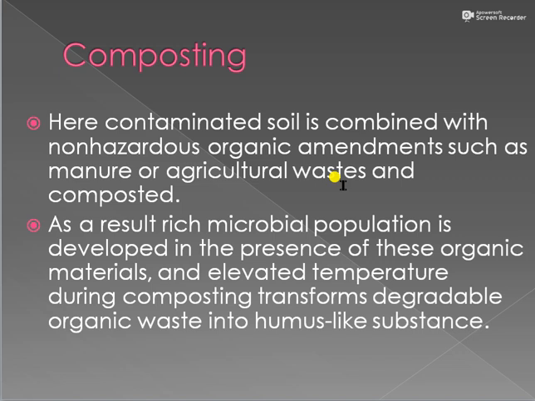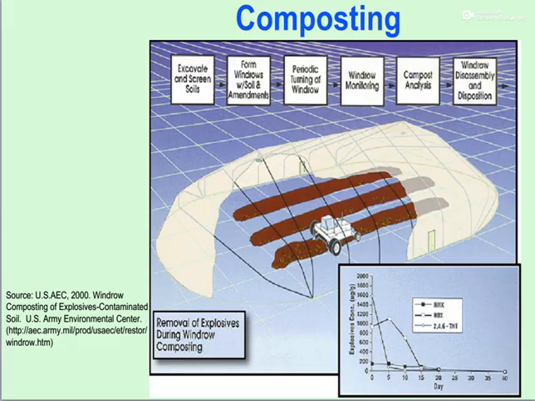It's nothing but when you add manure like cow dung and all that, as we do in biogas, in composting, when you add some manure or agricultural waste along with the organic pollutant containing soil, what happens? The organisms which are present in the manure or in the soil, utilizing the nutrients, will grow rapidly, and the organic waste is converted into humus-like substances.